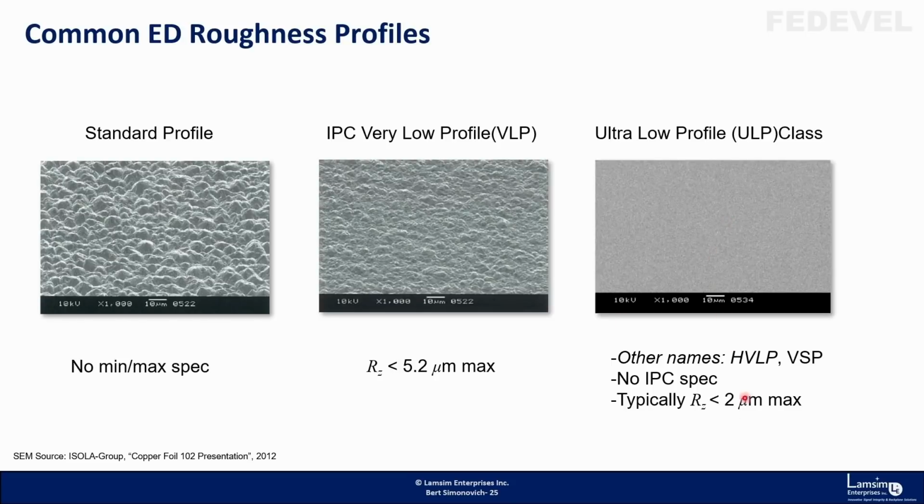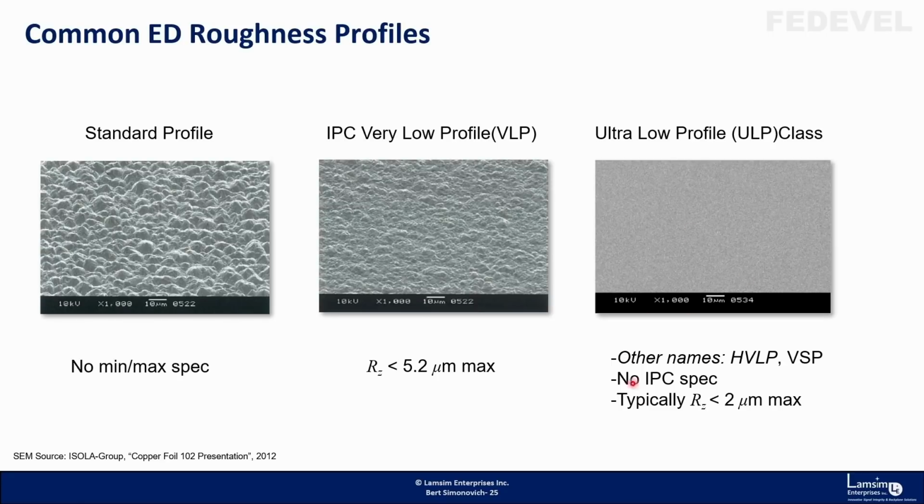So how are they going to stick it together if it's so smooth? Well, that's always the challenge. On inner layers, you're not as worried about the peel strength as you are on outer layers. Yes, you do need roughness, but you don't have to be concerned about peel strength like you do on outer layers.